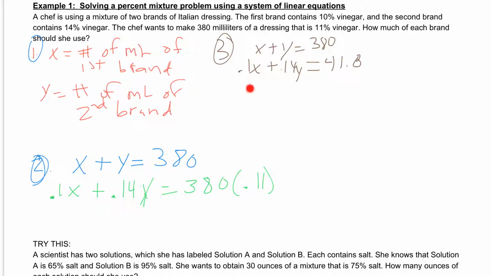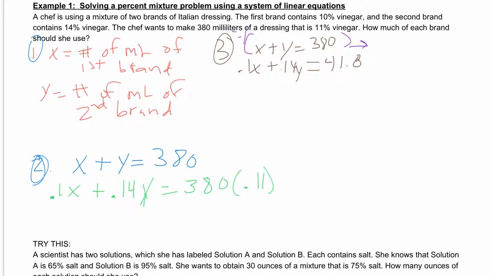Then I need to go ahead and solve this system. To solve the system, I have to eliminate either my x's or my y's. Since my x is first, I'm just going to go ahead and eliminate that x. If I eliminate that x, I'm going to be multiplying through by negative 0.1. So I'm going to multiply this whole top equation by negative 0.1.